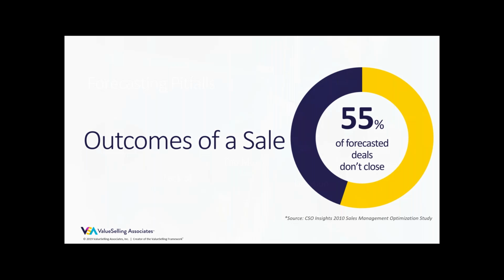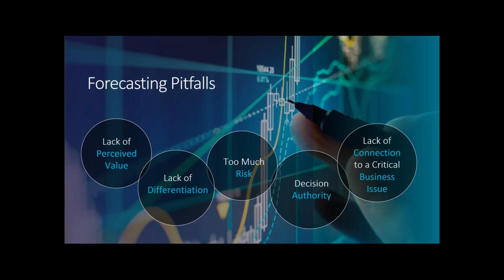So what happens? Well, we've gone back in and done a big postmortem with a number of our clients, and we find that there are about 5 key buckets that tend to be the areas that have either been missed by a sales rep or something has changed when deals don't close. The first one is lack of value. Yeah, it looks interesting, not worth it to me.